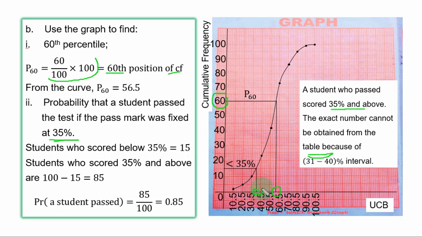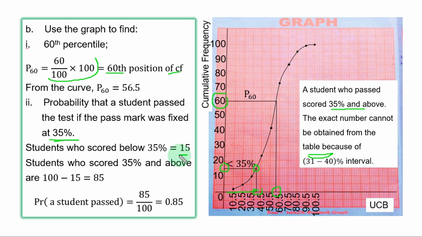So somewhere here is 35%. You trace 35% to meet the curve, and you trace to the cumulative frequency axis, and that is 15. So students that scored below 35% are 15. The entire distribution is 100.